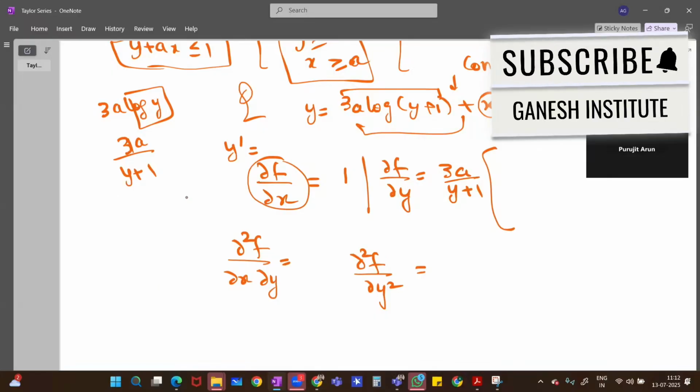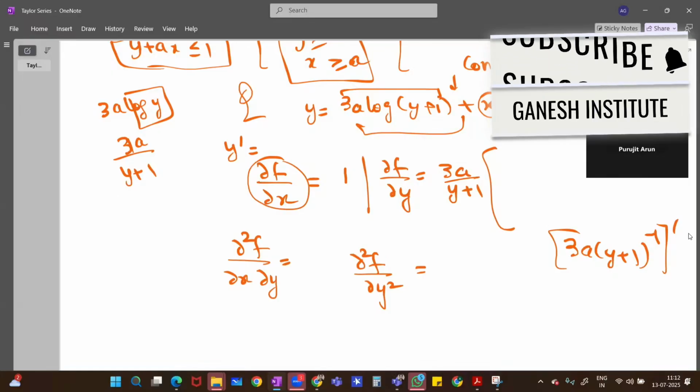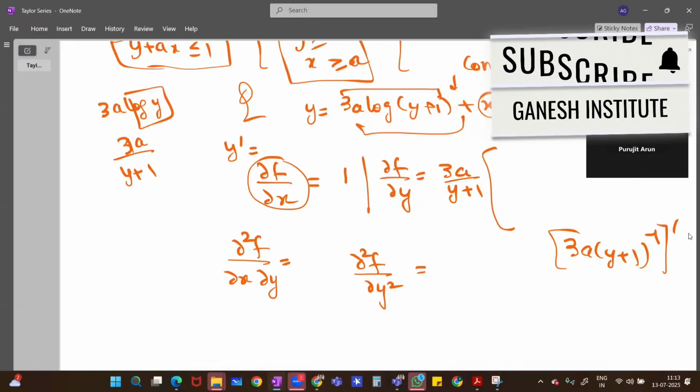You can write it this way: 3a times y plus 1 raised to power minus 1, and you want to differentiate this.